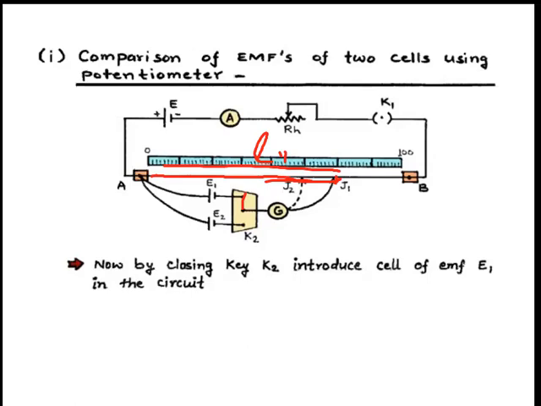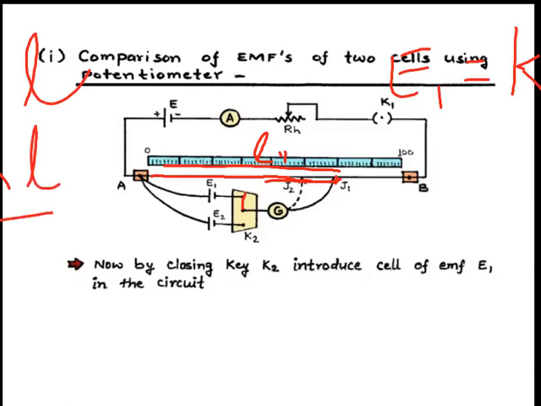So we know that E1 equals KL1, right children? Just now we saw that the potential drop is proportional to length, that is, the potential drop equals KL. So here, instead of V, we wrote E1 because we are talking about the cell E1.